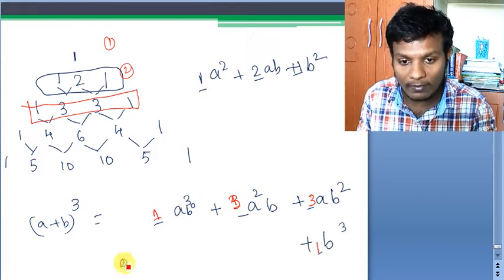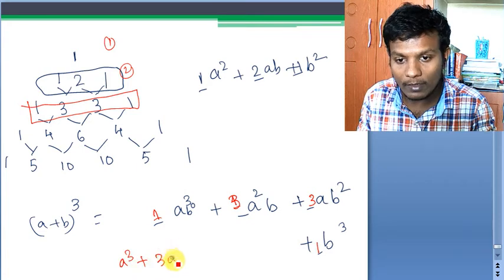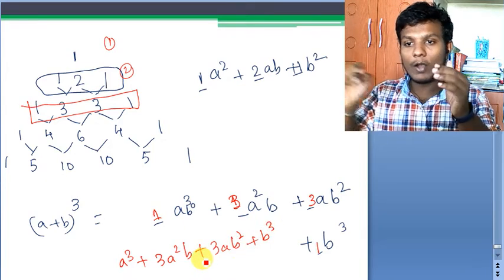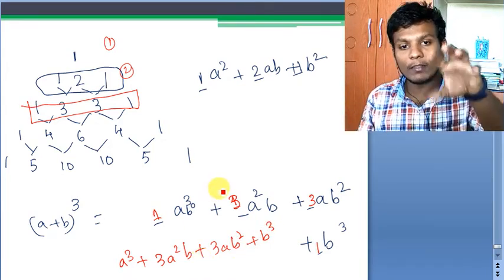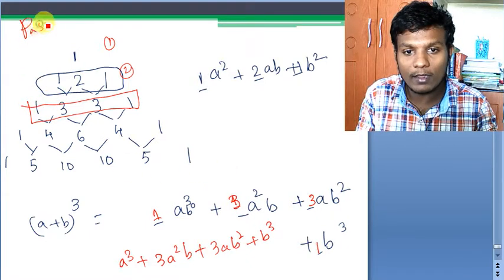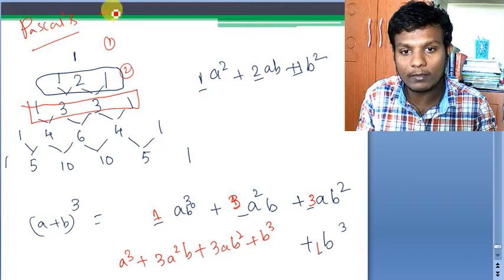So basically it is a cube plus 3a square b plus 3a b square plus b cube. When you write the terms in order and get the coefficients from this concept, that is what I call Pascal's triangle, named after the mathematician Pascal. So I can quote the coefficients.